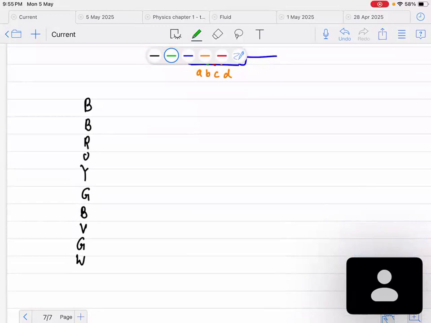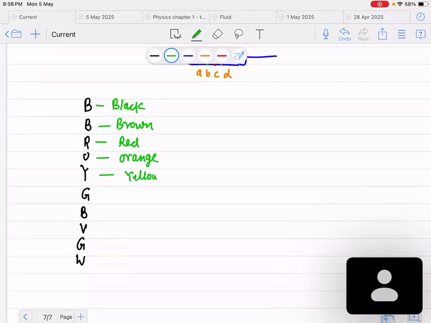It's just a memory aid, but B means black. Next B means brown. R means red. O is orange. Y is yellow. G is green. And next B is blue.